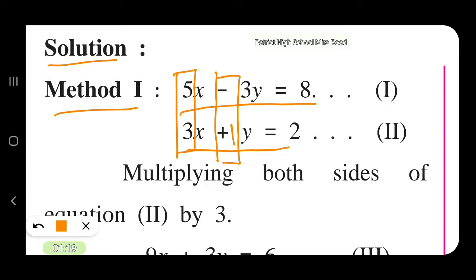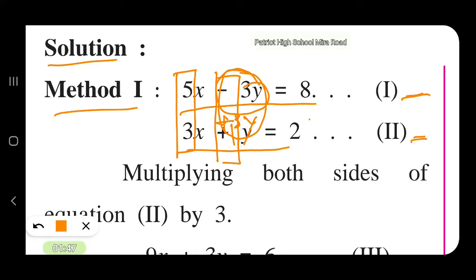Now if we add or subtract the equations, either equation number 1 or 2, we should be able to eliminate one of the variables. That means if here it is minus 3y and here it is plus 3y, then the chances of these two getting cancelled are better.